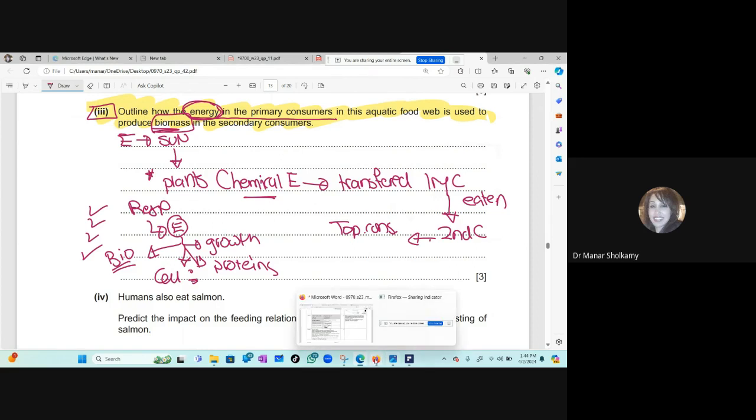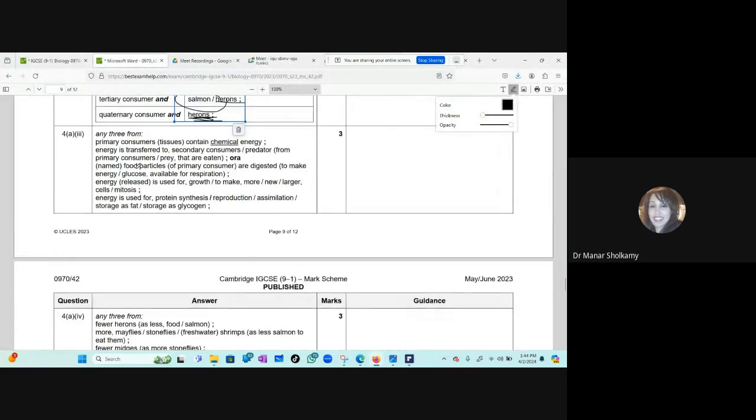Let's go to the mark scheme. Any three from: the primary consumers will contain chemical energy. So the chemical energy is important. This energy will be transferred to the secondary consumer and so on, from the primary to the secondary, as they are eaten. We said that. The food or the primary consumers will be digested to produce energy. We said it.